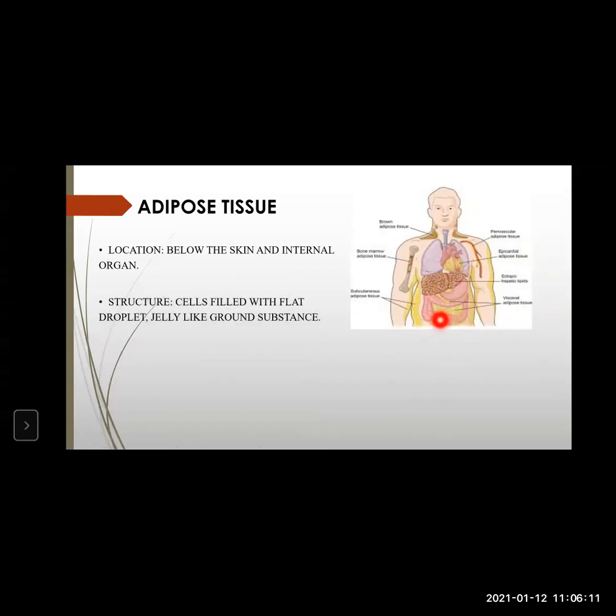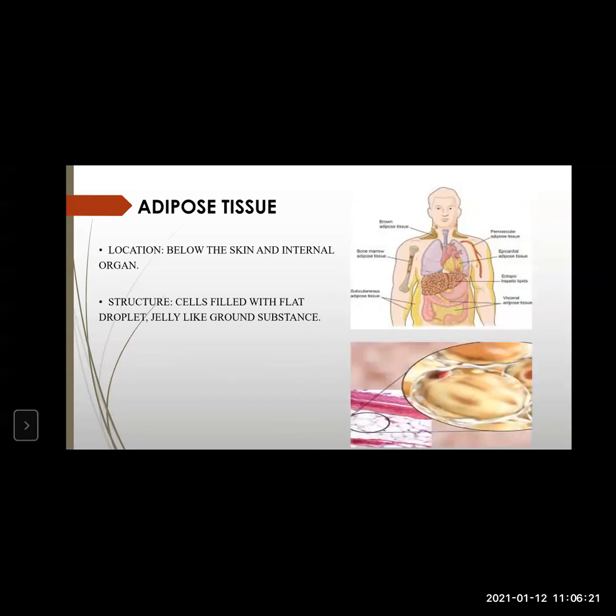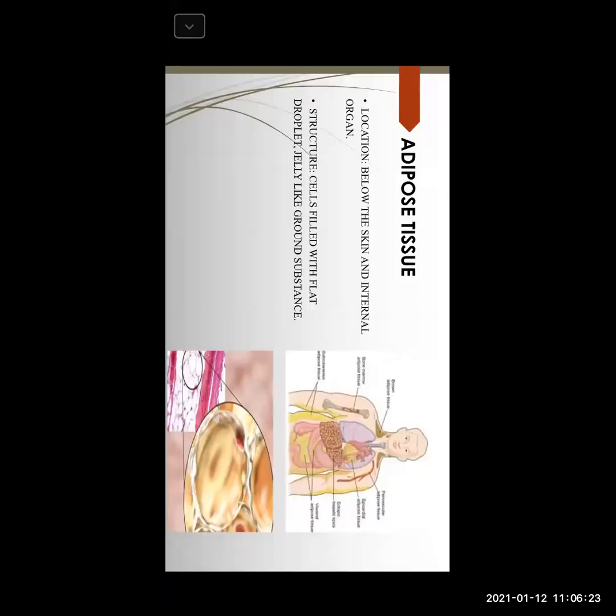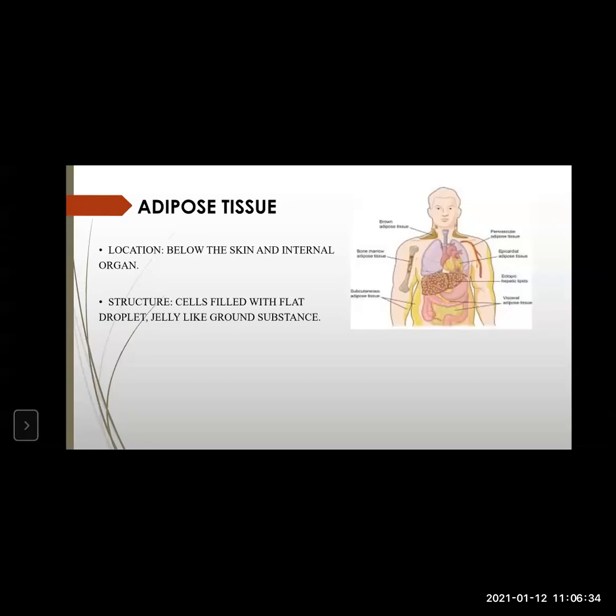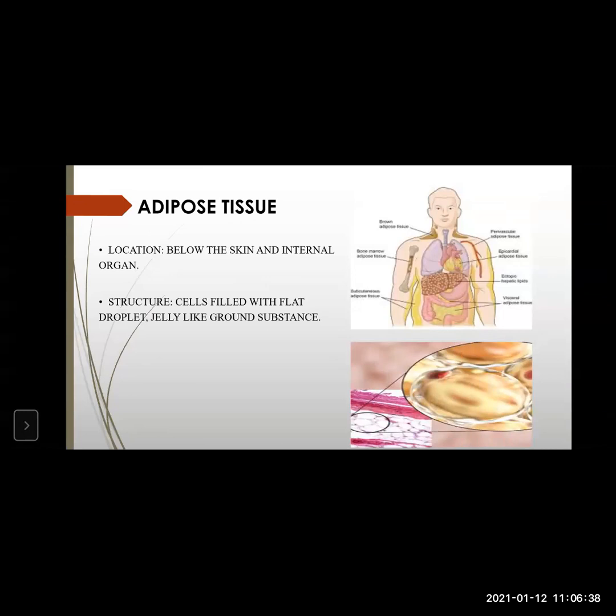This is generally composed of specialized cells which have fat droplets and a jelly-like ground substance. This is how the fat cells, the adipose tissue, look.